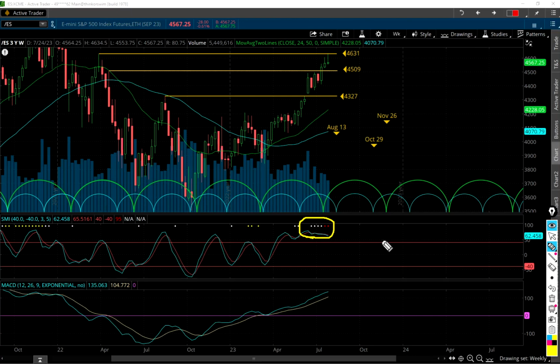Anyway, in a nutshell, to answer the question that was in the YouTube video: no, the divergence dots are not based on a second derivative. I'm not going to dive into what they're based on, but no, they're not a second derivative. It's a little bit more basic than that.